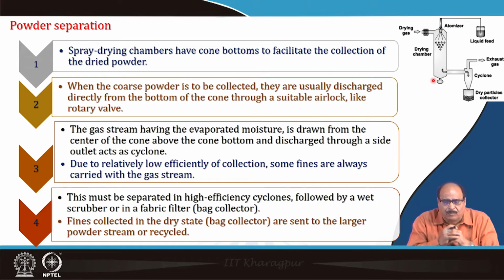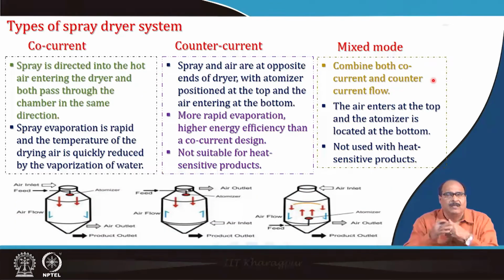When the coarse powder is to be collected, it is usually discharged directly from the bottom of the cone through a suitable airlock like a rotary valve etc. The gas having the evaporated moisture is drawn from the center of the cone above the cone bottom and discharged through a side outlet which acts as a cyclone. So, this must be separated in high efficiency cyclones, followed by a wet scrubber or a fabric filter. The fines collected in the dry state are sent to the larger powder stream or even recycled.